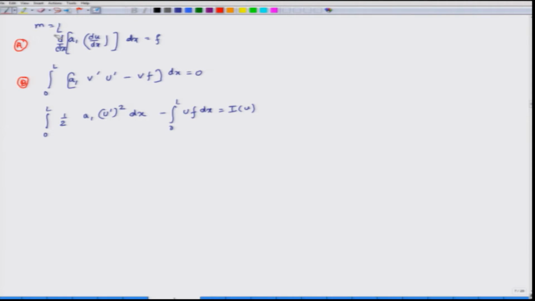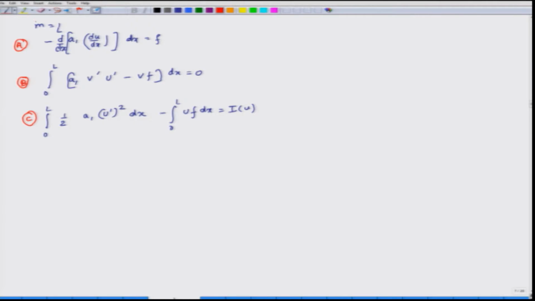So, equation A is the governing differential equation. Equation B is the weighted residual form or variational form of equation A, and equation C is the associated functional, which actually also physically represents the energy in the system.